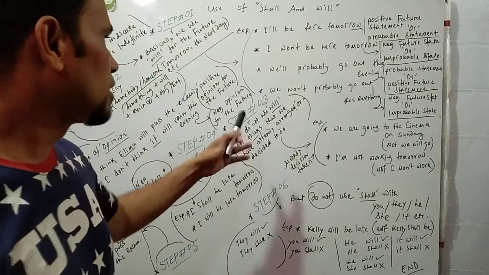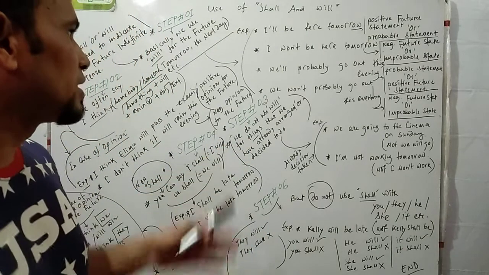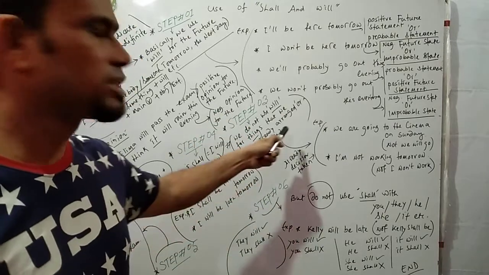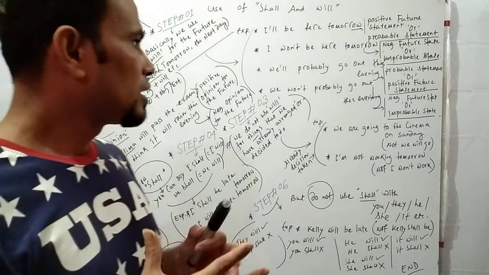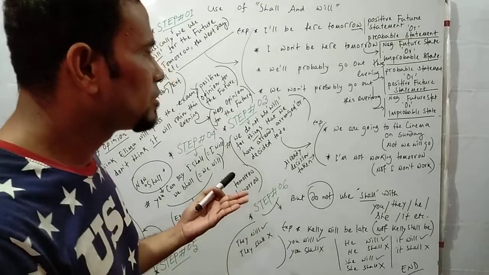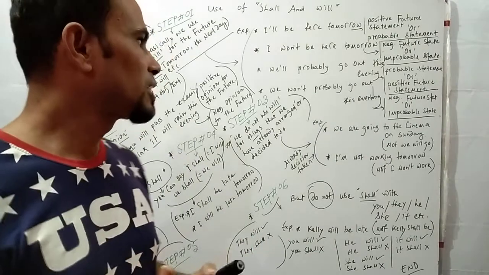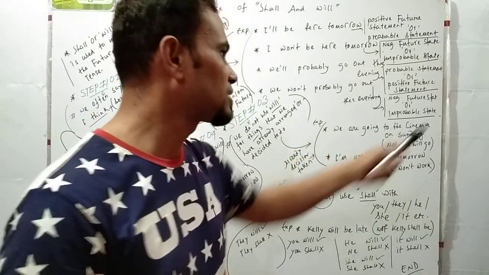Already I have told you we do not use will for things that we have already arranged or we have decided to do. You have already decided, you have taken the decision to go to the cinema on Sunday.